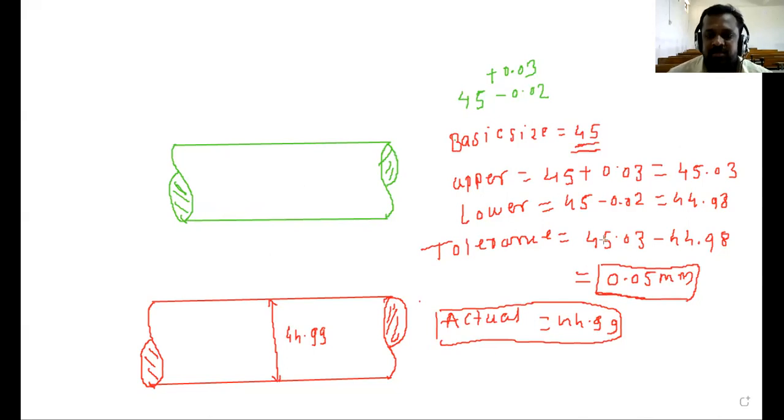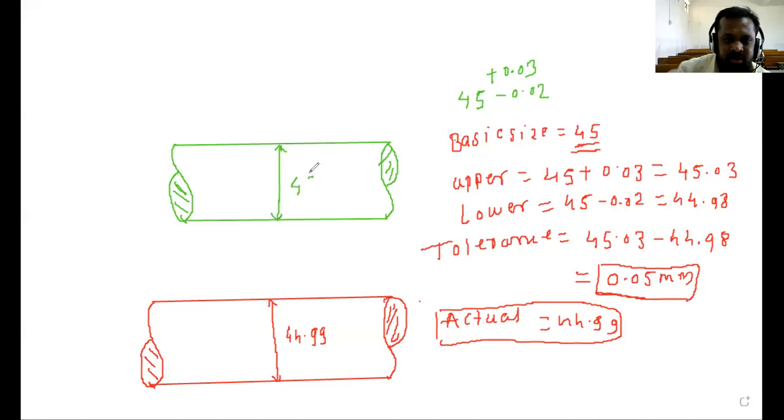From this information you have to represent this data in this figure. Tell me, what is the basic size for this component? Basic size means it is the exact size, we can call it 45.